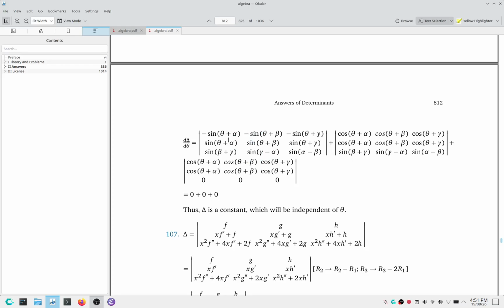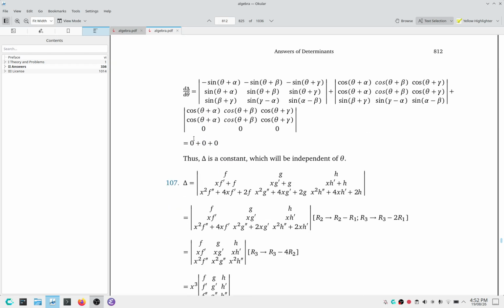You see, this is theta plus alpha, this is theta plus alpha, only minus sin theta taken common. So first we get the answer 0. To differentiate the third row, the third row does not contain theta, so it will be all 0. Now the entire row is 0, so the determinant will be 0. So we see that d delta upon d theta is equal to 0. That means that delta is a constant which will be independent of theta.